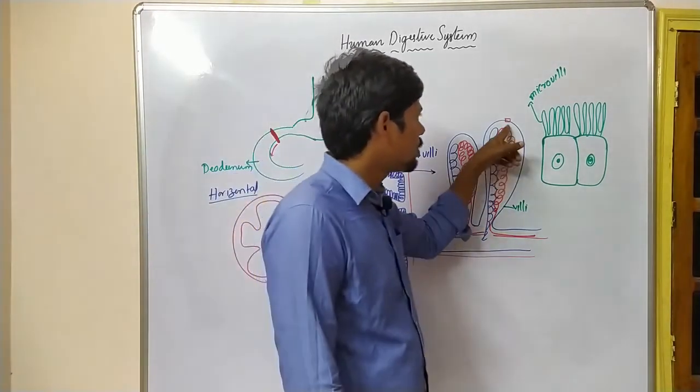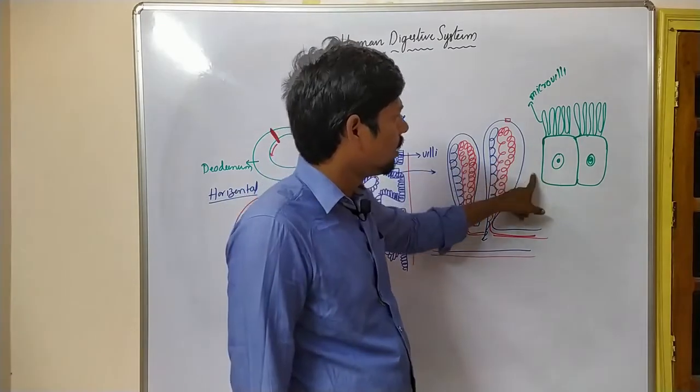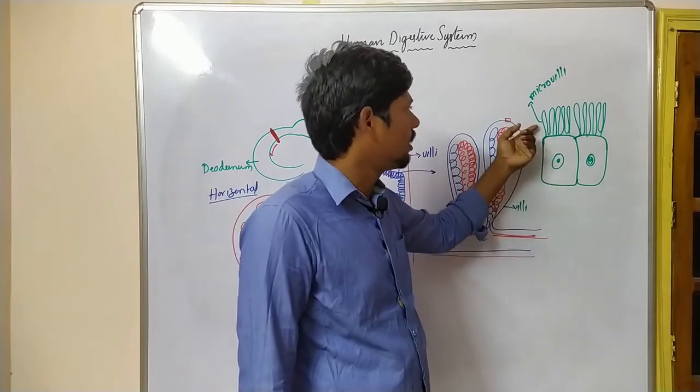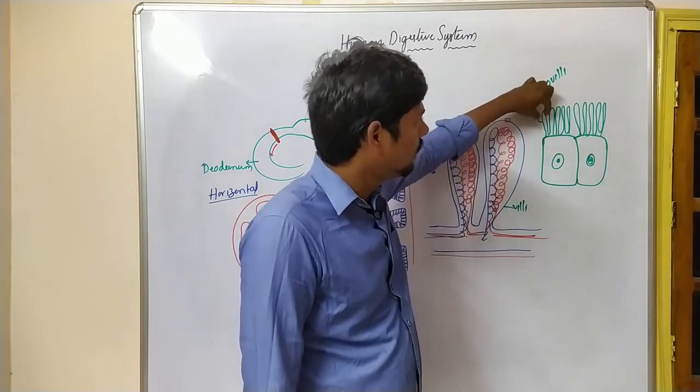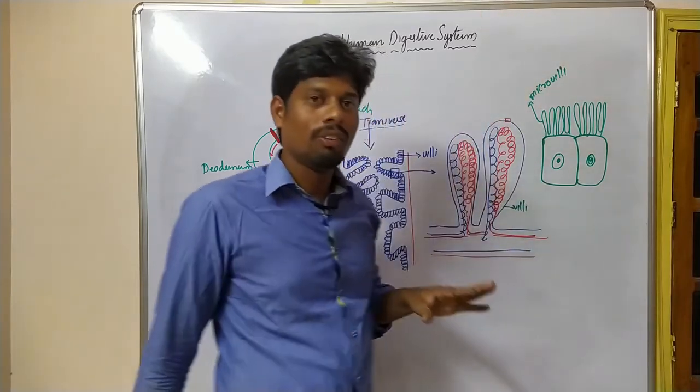At the same time, on the villi there are many cells, especially columnar cells. Those columnar cells contain again finger-like structures, we are calling microvilli.